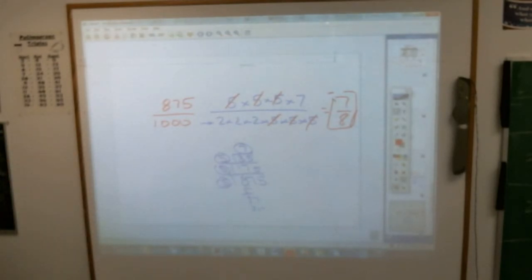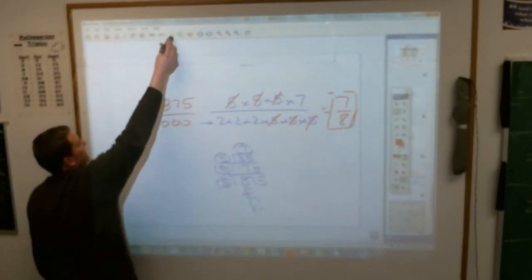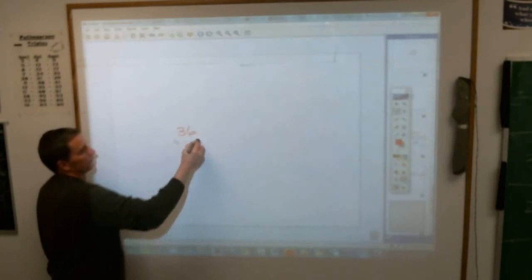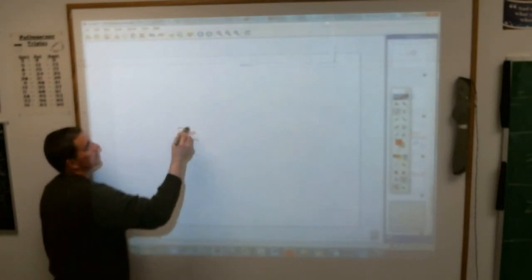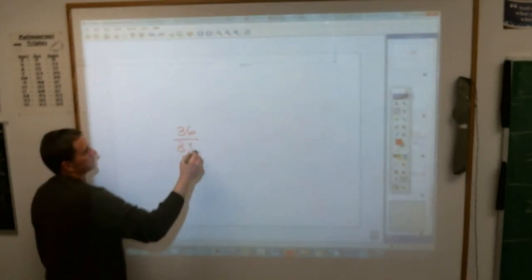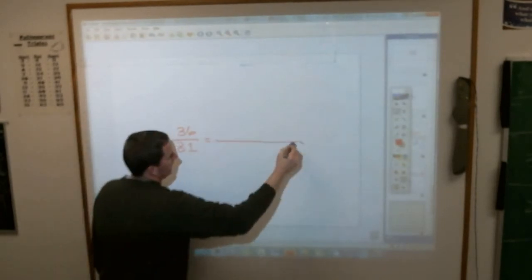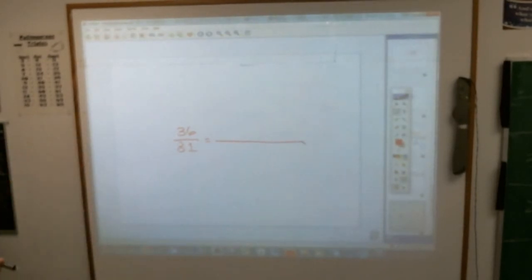Let's do an easier one. What if you were given 36 over 81? I'll give you a chance to try your hand at that. 36 over 81. If you prime factorize all of that.